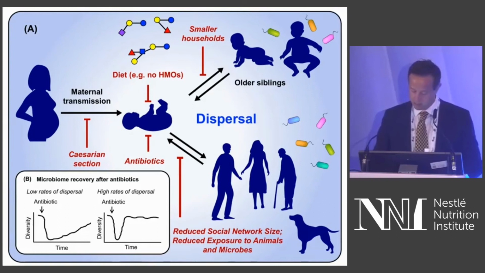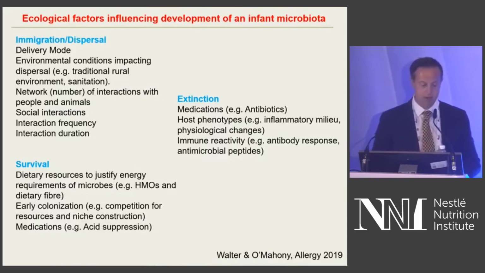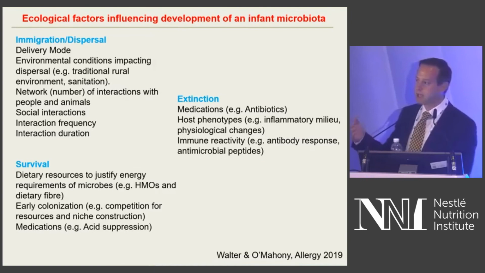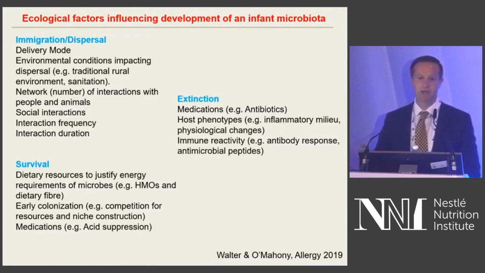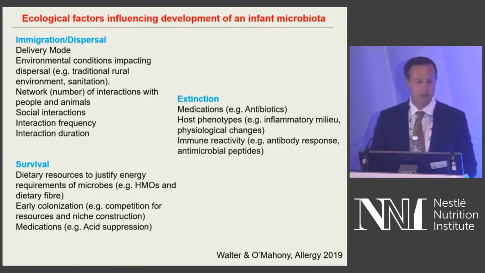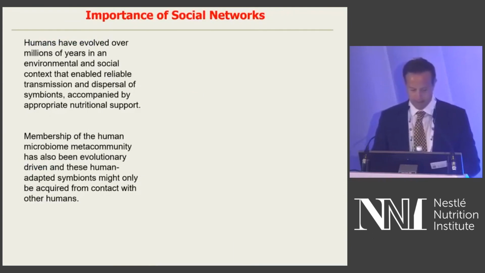And when we start to map all of these things out, and again, I won't go through everything today because of time reasons, everything that we know influences the microbiome, and that also has an influence on allergy risk, can be mapped to these different things: immigration, dispersal, extinction, and survival.